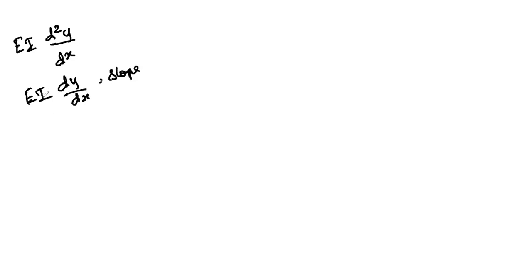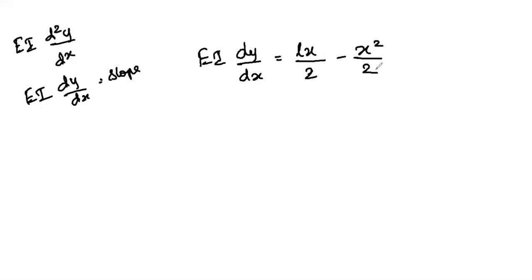Now we take EI dy by dx, whose value is Lx by 2 minus x square by 2. Am I right? This is the equation number 2 we have seen in the previous slide itself.